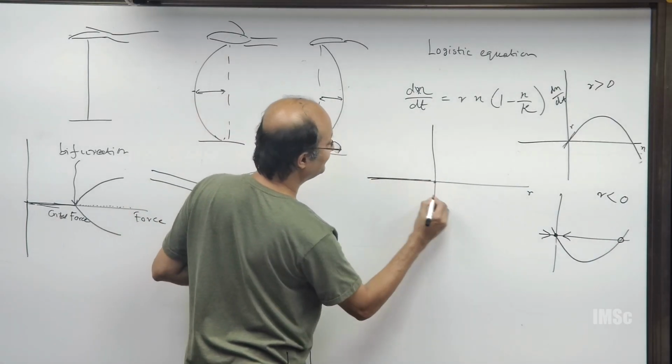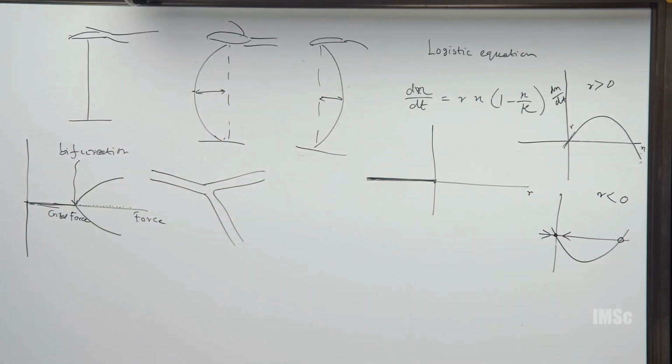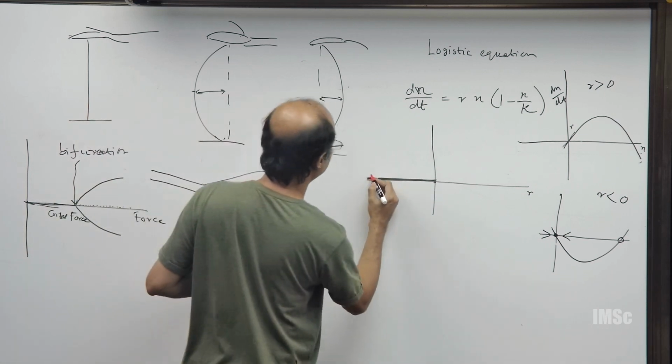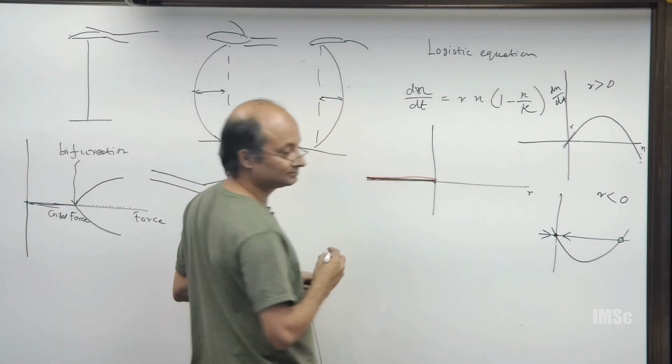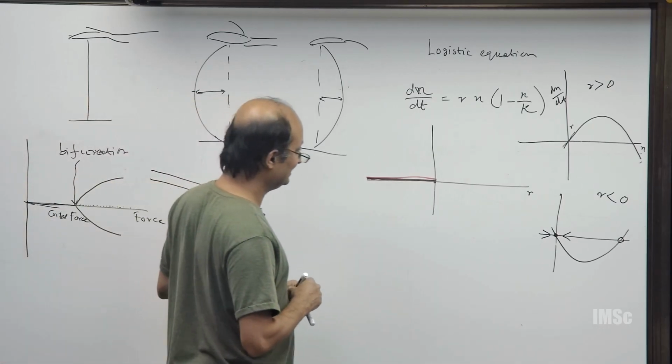So now this is actually the unstable point and this is the stable point, right. So if this is my R, all through this negative, okay, I should use another color. It is 0, okay.